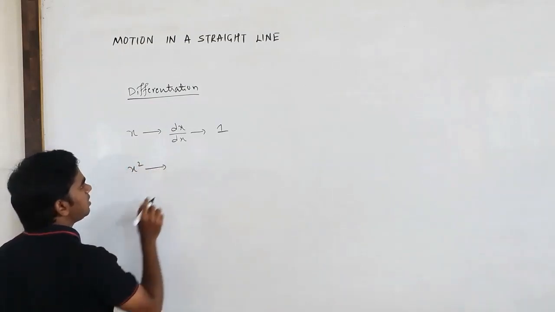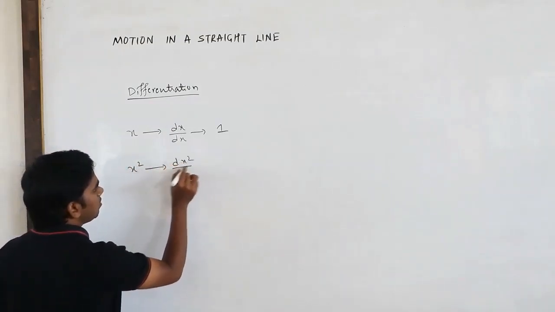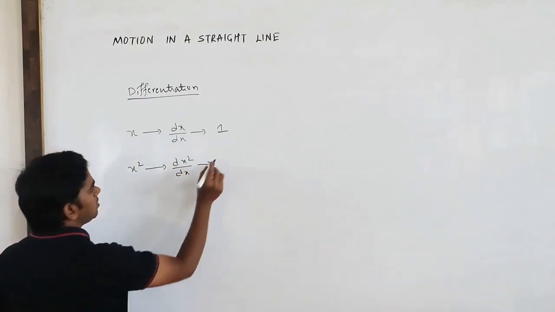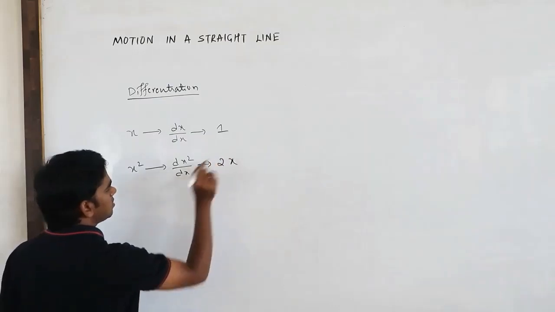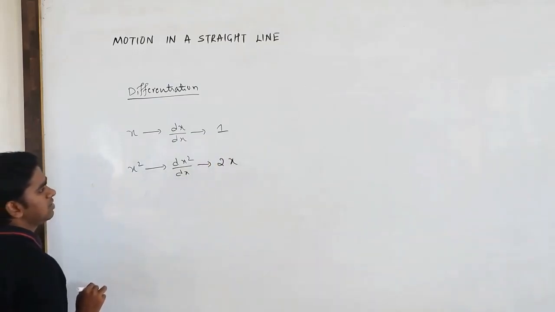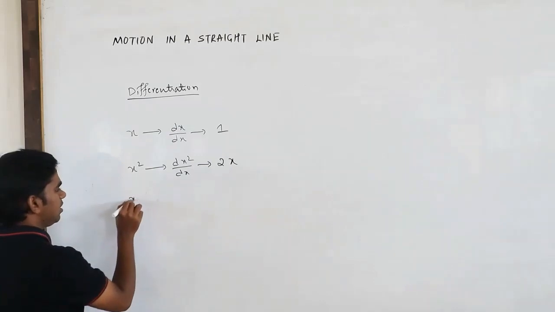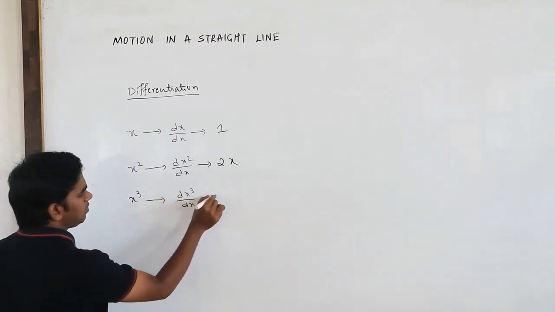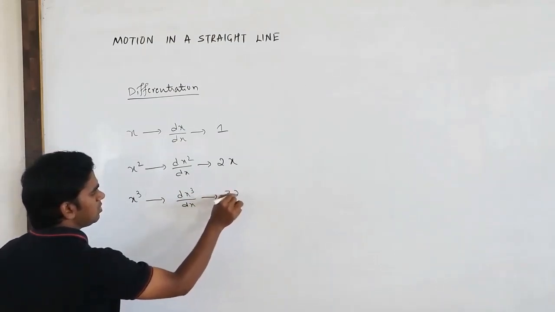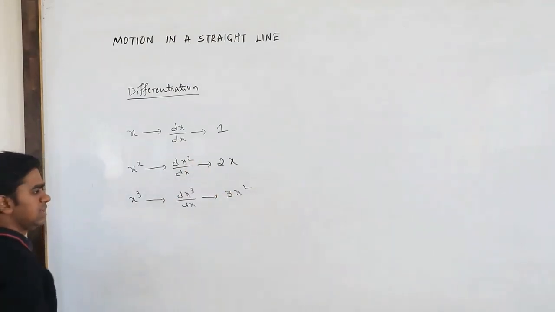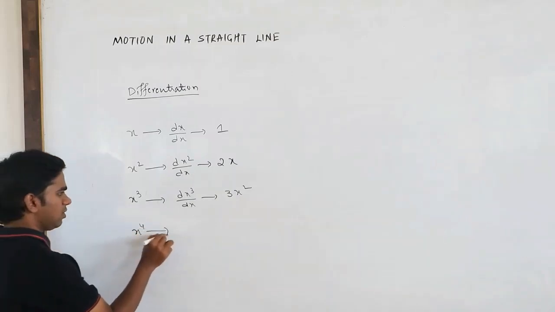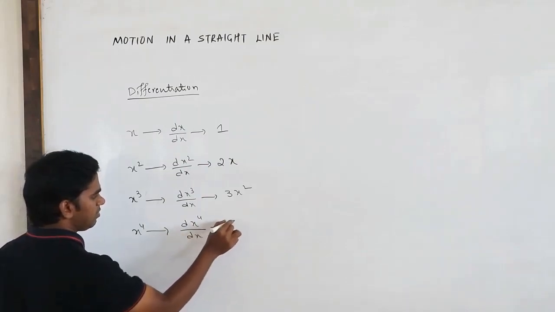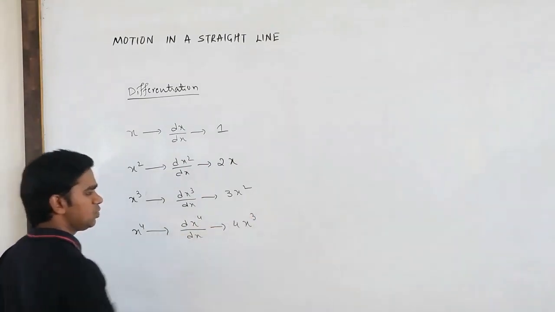What is differentiation of x square? dx square by dx is 2 into x. Differentiation of x cube, dx cube by dx, is 3x square. Differentiation of x raised to 4, dx 4 divided by dx, you will get 4x cube.